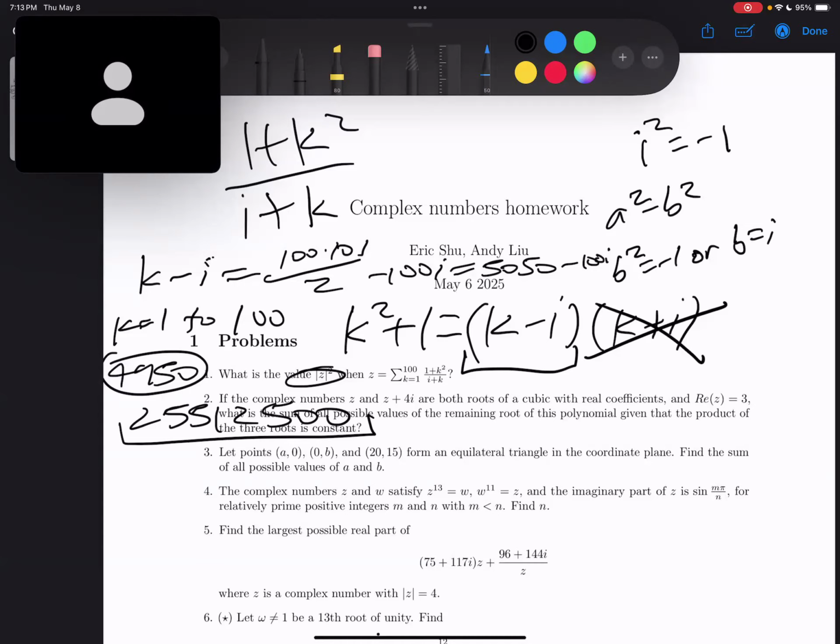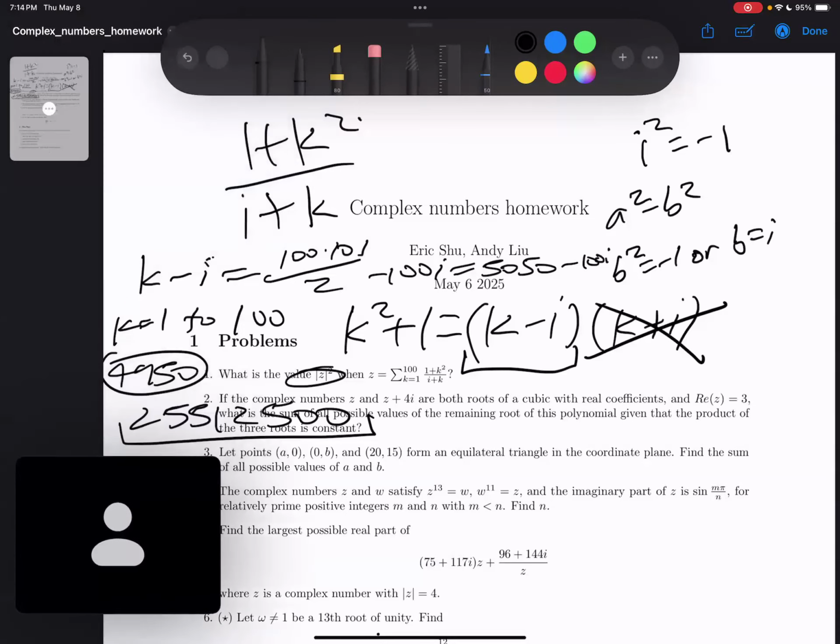I think when we made edits to make the problems better, we only did it on one document. Alright, let me change this. Okay.